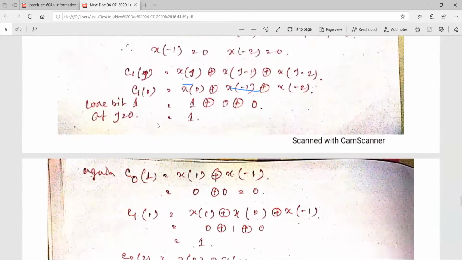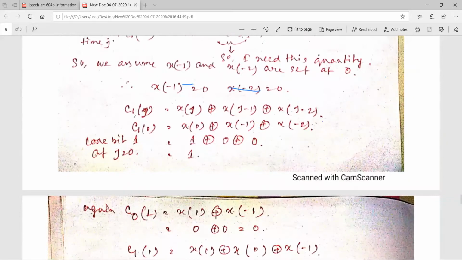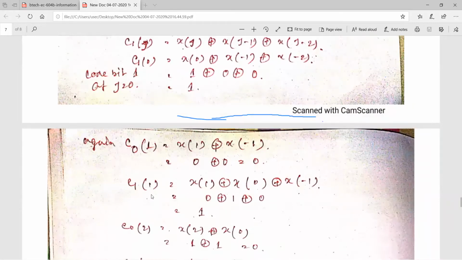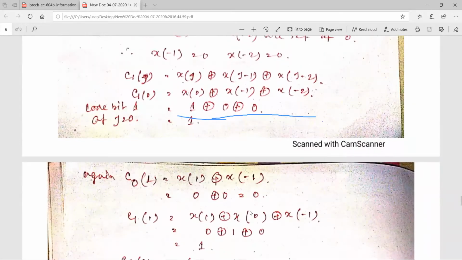Similarly, C11, what is the expression of C1j? This is xj XOR xj minus 1 XOR xj minus 2. So for this C11, when j equals 1, just compare these two. x1 XOR x of 1 minus 1, that is 0, and x of 1 minus 2, that is minus 1.